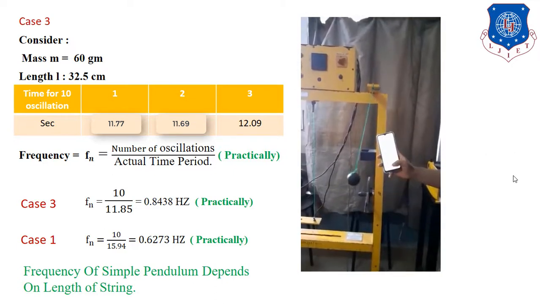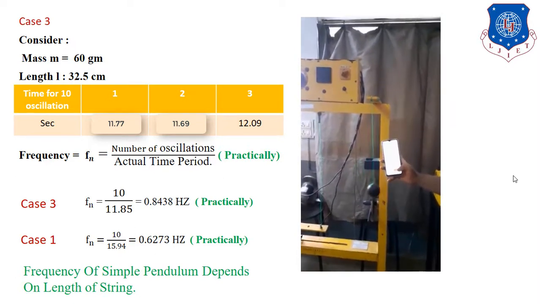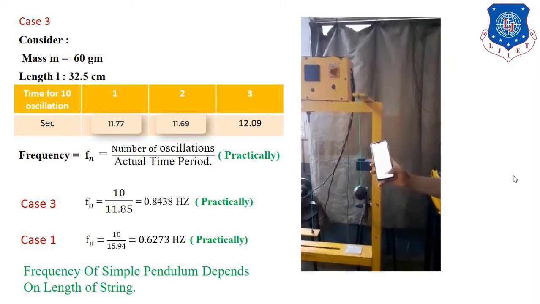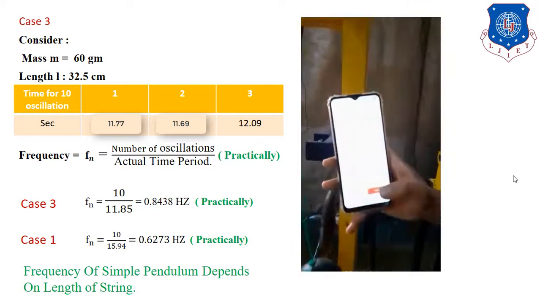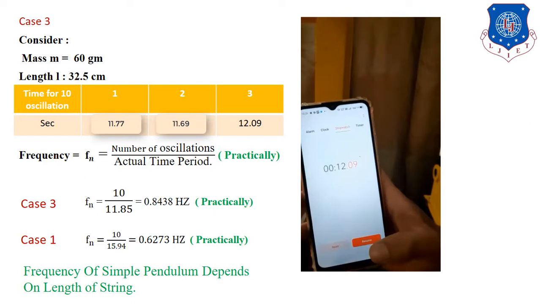The third time, we get the result 12.09 seconds. So we measure the time for the 10 oscillations three times, then we take the average of these three observations and place it in our frequency equation. If we place it in our frequency equation, we get 0.8438 hertz.